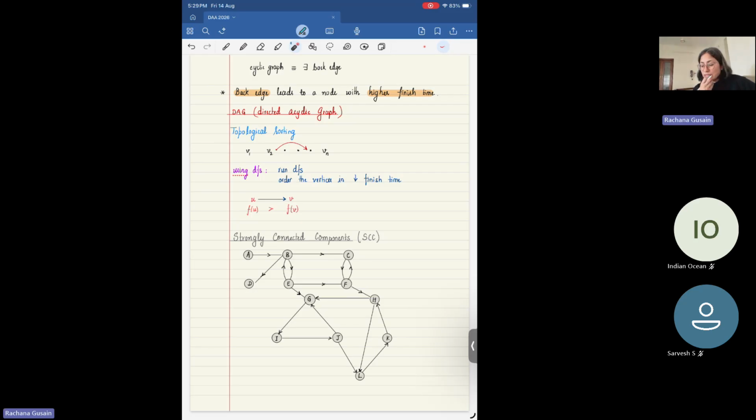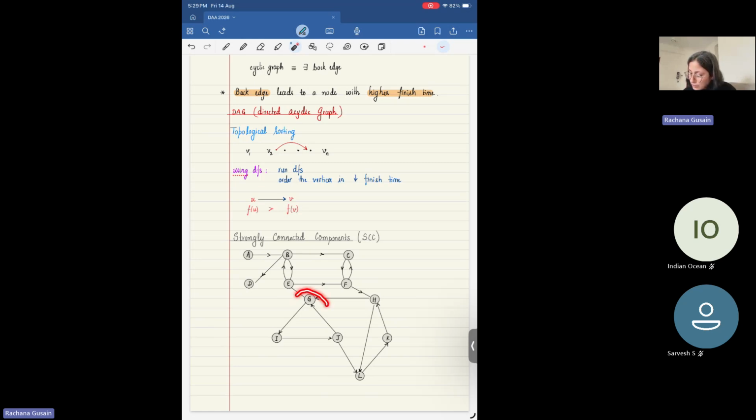So what I mean by that is I need to identify a component which is strongly connected. For instance, this is strongly connected, but at the same time, I must also see whether I can extend it further. It must be connected in the maximal sense. So let me explain it more clearly.